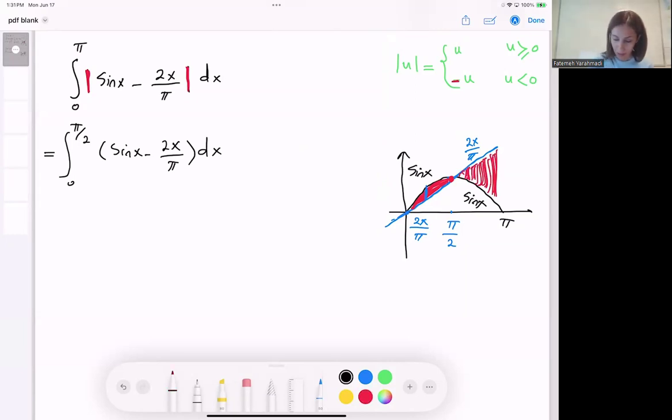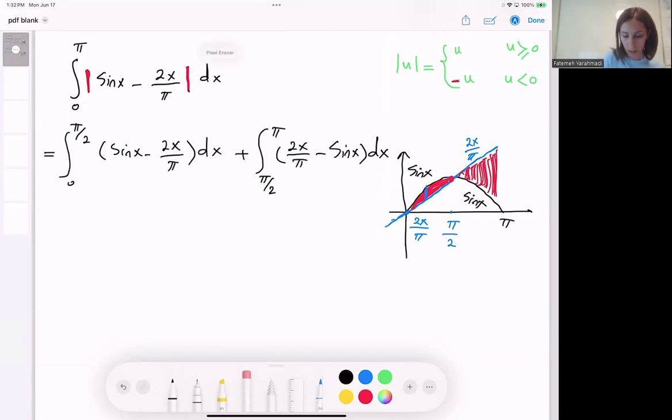So the second integral is the integral from pi over 2 to pi. The larger y value is 2x over pi, minus the smaller y value, sine x. So we divide this integral into the summation of two integrals. Now we can do the calculation.